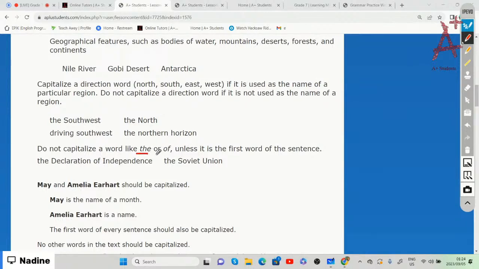So if the word the or of is in front of a word that needs capitalization, we still write the words the and of in lowercase. The only time we capitalize the or of is when the or of is the first word of a sentence. Right.